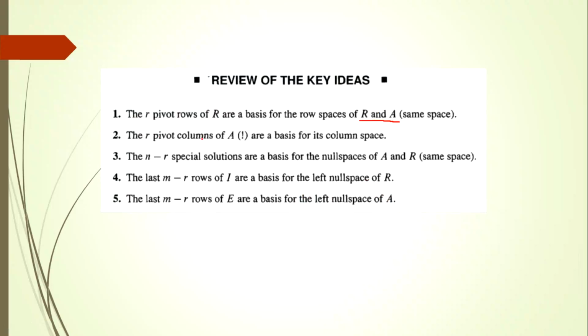The r pivot columns of A are a basis for its column space. And there will be n minus r special solutions. These form a basis for the null space of A and R. Here they write A and R, that means they are equivalent, right? To solve Ax equals 0 is the same as to solve Rx equals 0.